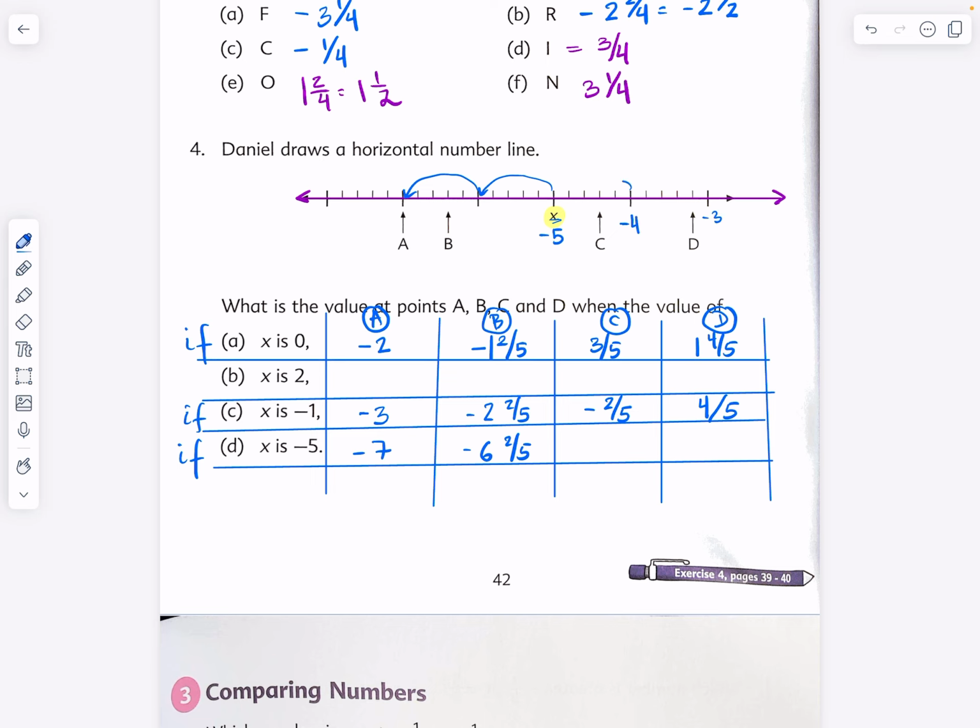So C is -4 and 2/5. And finally, D is -3 and 1/5. I hope you found this number line exercise useful in your exploration of positive and negative fractions.